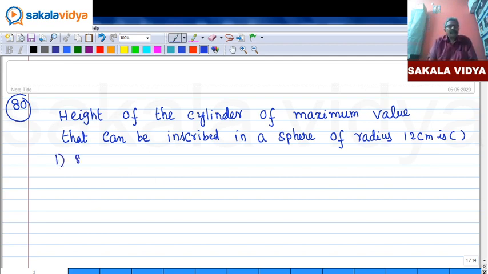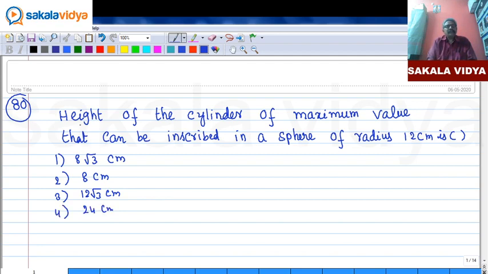First option is 8 root 3 centimeters. Second option 8 centimeters. Third option 12 root 3 centimeters. Fourth option is 24 centimeters.